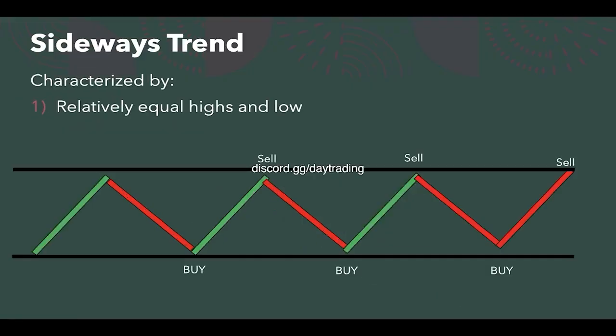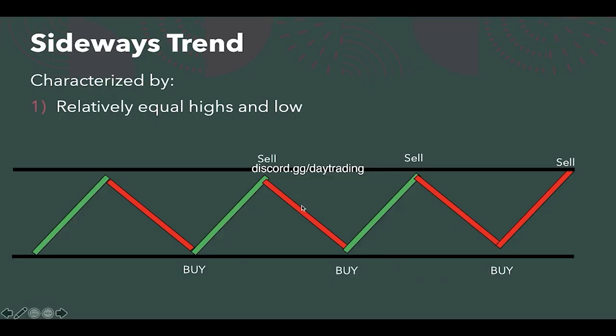Okay. And we also have a sideways trend, which is characterized by relatively equal highs and lows, right? We rally, we make a high, we drop to the previous low, we rally to the previous highs, drop to the previous low. Okay. And once we talk about support and resistance, this is going to make a lot more sense.